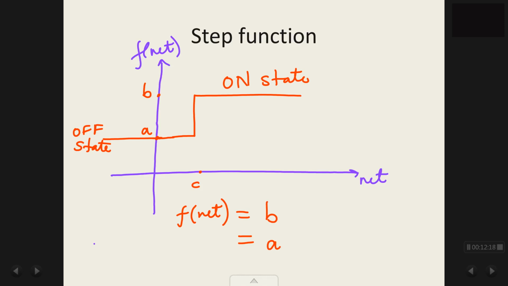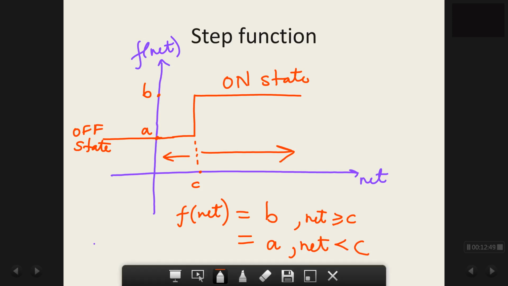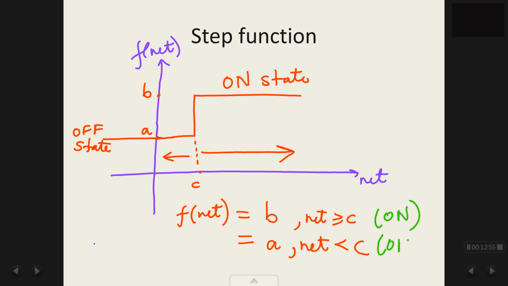So when is f of net equal to B? It is equal to B when it is in the on state. When I say on state, it means that net should be greater than or equal to C. So whenever net is greater than or equal to C, the output will be equal to B. And when net is less than C, the output will be equal to A. So this is the on state, and this is the off state.